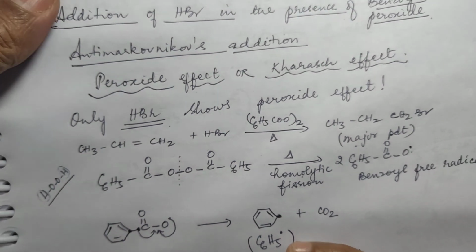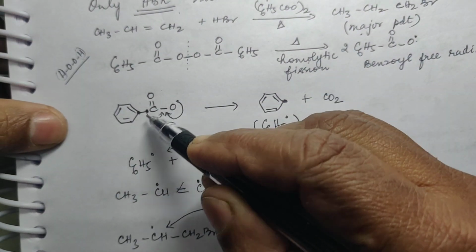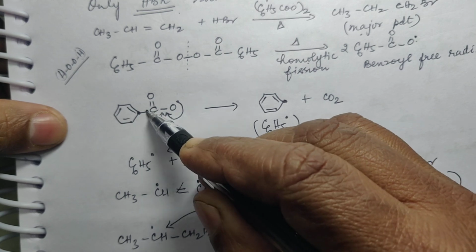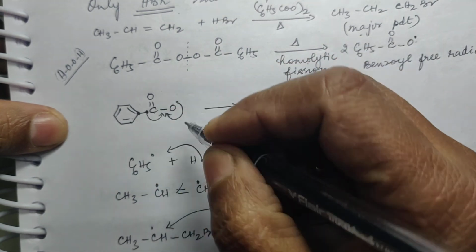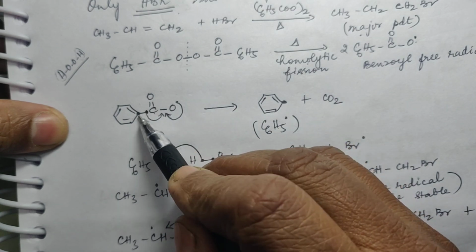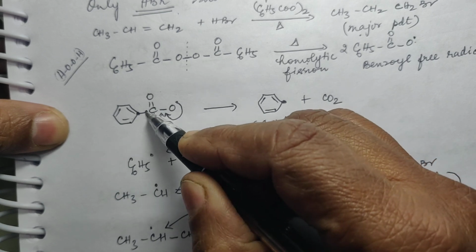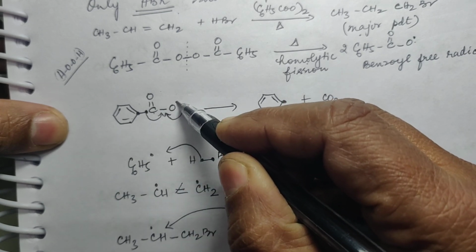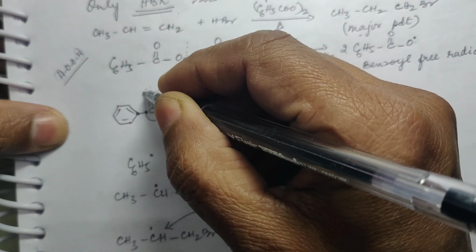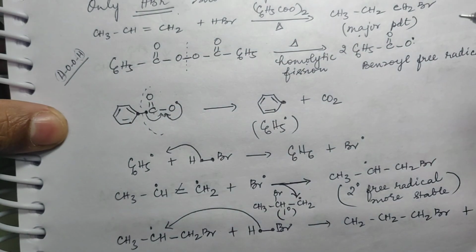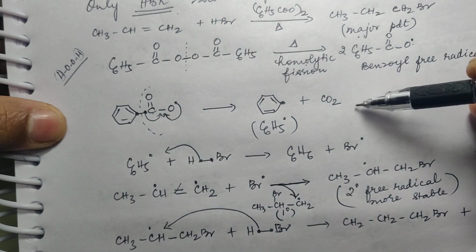This benzoyl free radical, this carbonyl group is attached to the benzene ring through a single bond. This electron is that of this carbon and this electron is that of the carbon of the benzene ring. Now this electron and the free radical electron will share among themselves and this will escape as a CO2 molecule.